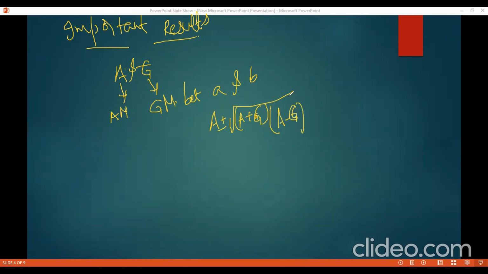Got it? In this way, you can calculate between two distinct numbers A and B. So we are finding the GM between two distinct numbers.